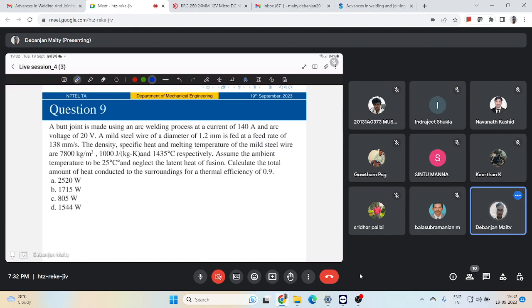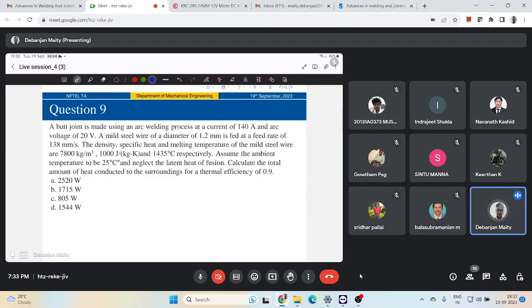Moving to next question. You have your butt joint, which is made using an arc welding process at some specific current, at some specific voltage. Then you have your wire of some specific diameter, which is fed at a feed rate of some specific velocity.